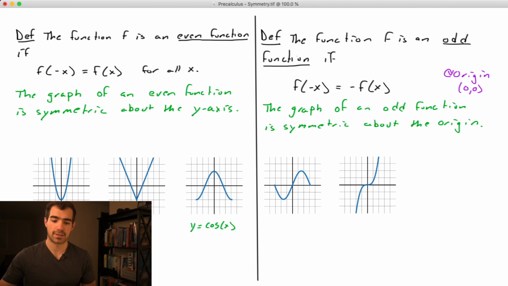And these two functions here are going to be sine of x on a restricted domain and y equals x cubed. Again, the specifics of those equations, we don't need to worry about them just yet, but those are just to give a sense of what types of functions might be even or odd and how we can see that visually.